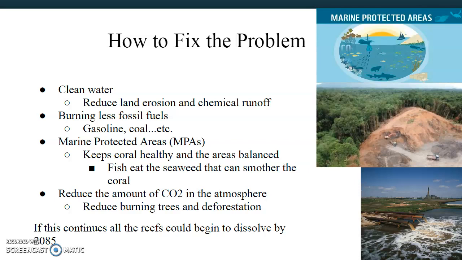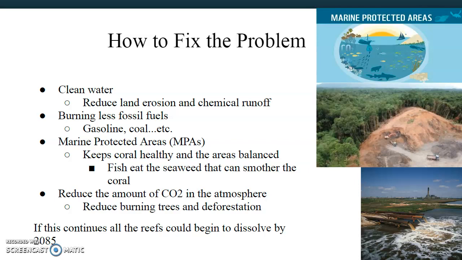They actually have areas to where there's certain sections where you can't farm within so many feet of it, and you can't fish within it. It's pretty cool. It also makes it healthy to where the fish can eat the seaweed that would otherwise hurt the coral. It just provides more habitat and allows that coral to grow naturally.